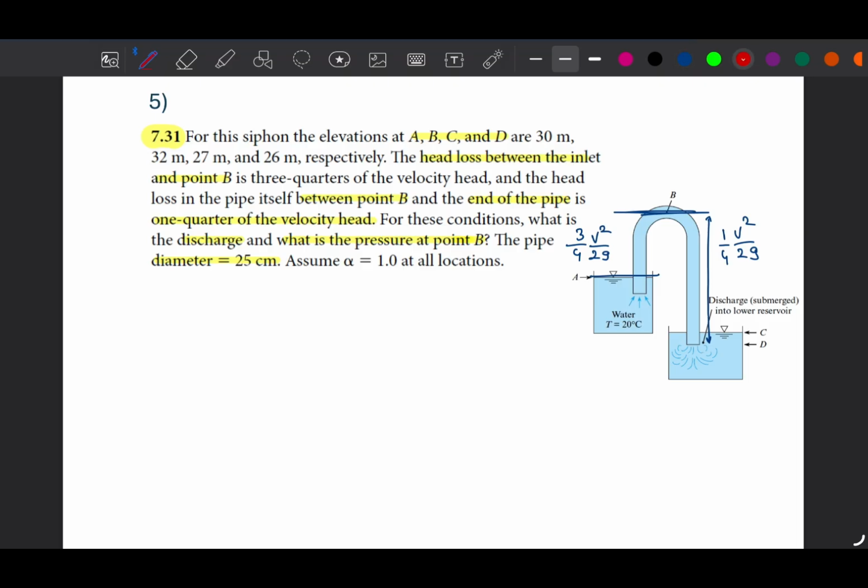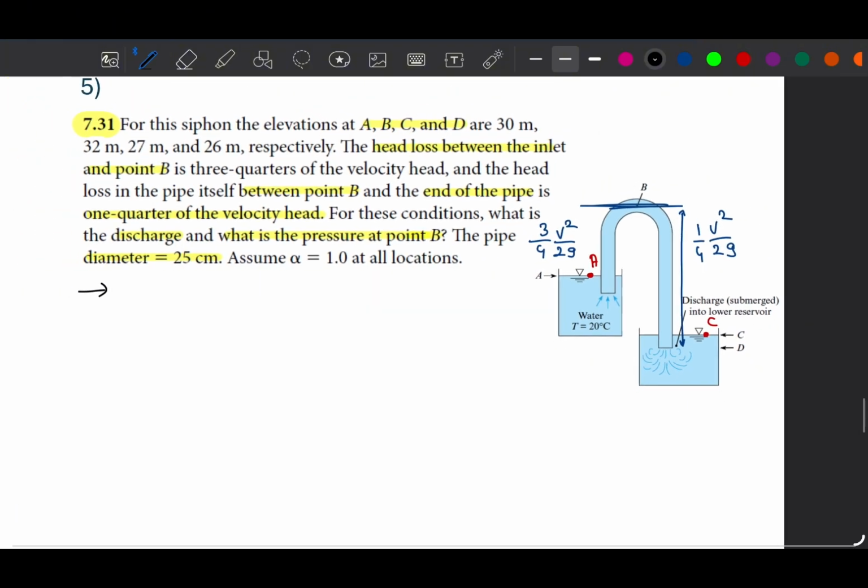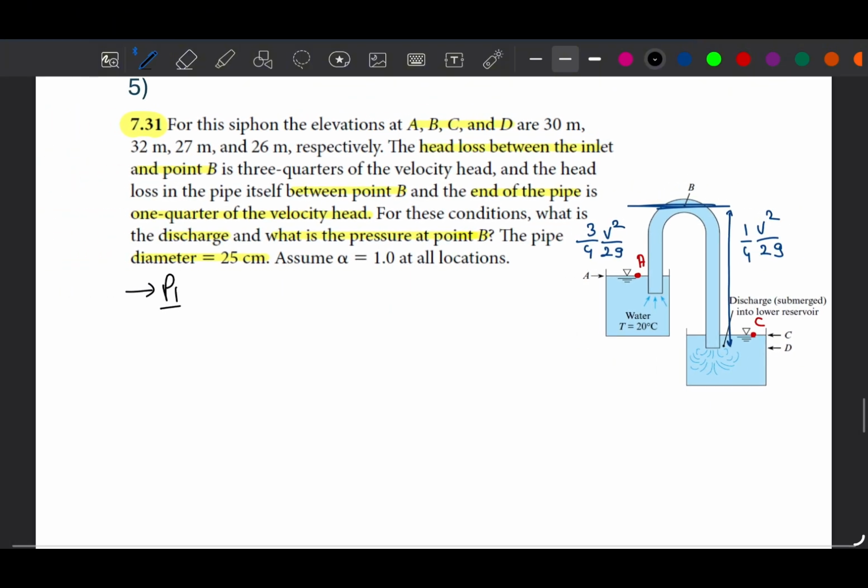So here we can again write energy equations, and I would like to pick point A and surface of this lower reservoir, let's say C. So let's write the energy equation again.